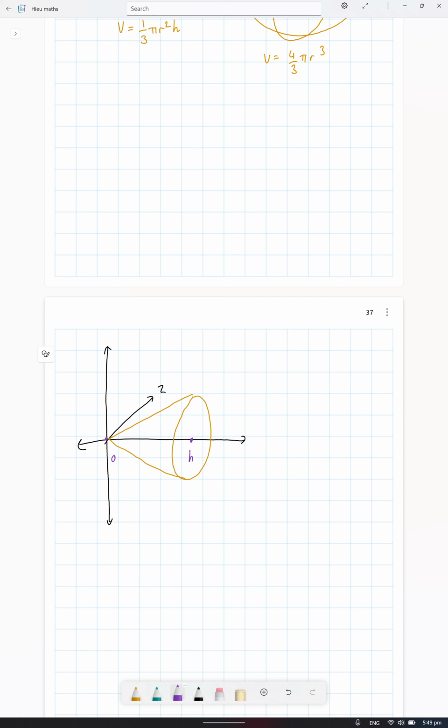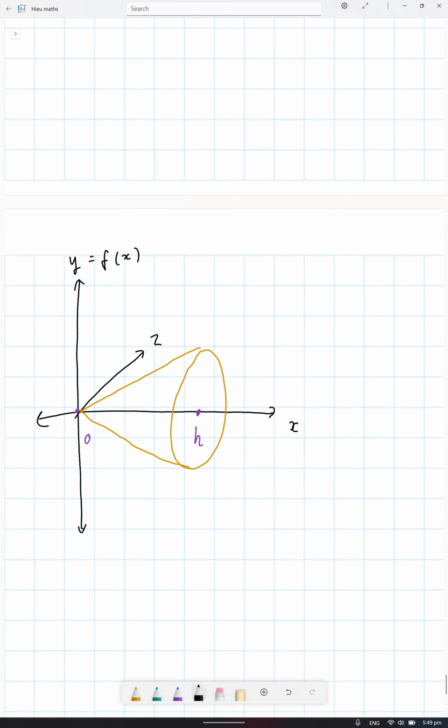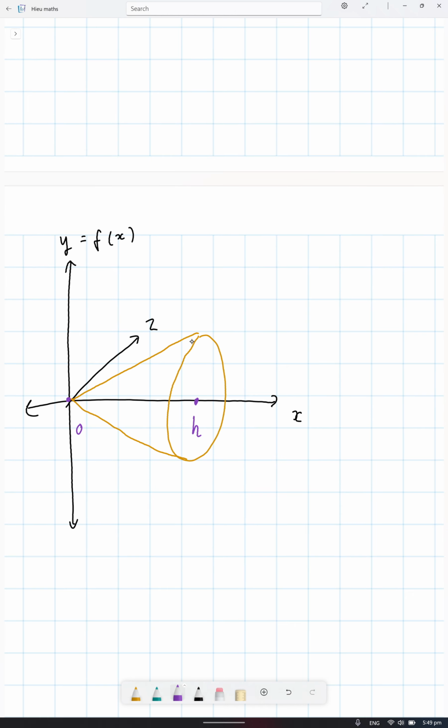This is the height of the cone, right? h here is just the value of this length from here to here. This is the x-axis, by the way. This is the y-axis, or we can call it f(x). And this is r.